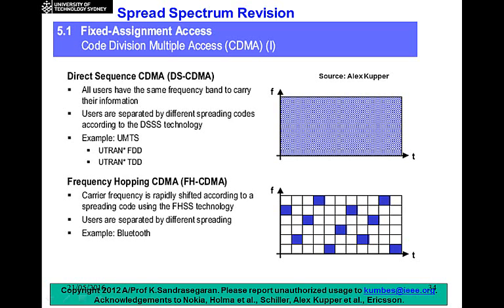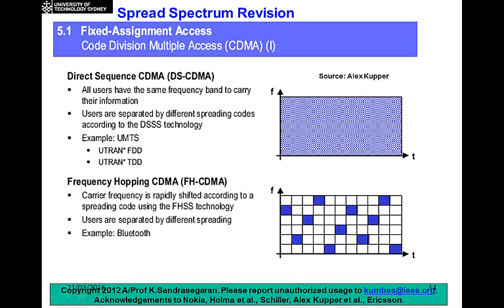The basic idea is that all users use the same frequency to carry the information, and every user's transmission is separated by means of spreading codes, and these spreading codes have the property of orthogonality associated with them. And this is the technology that's used in both the FDD and TDD versions of UMTS.